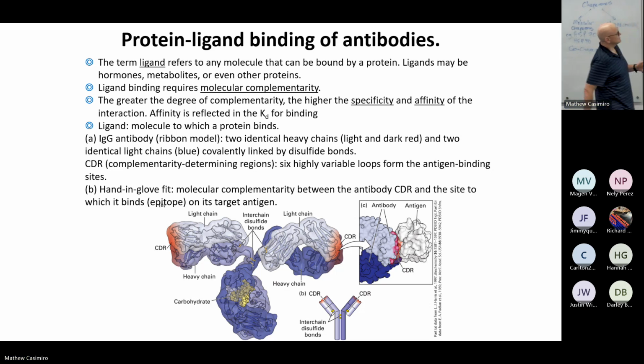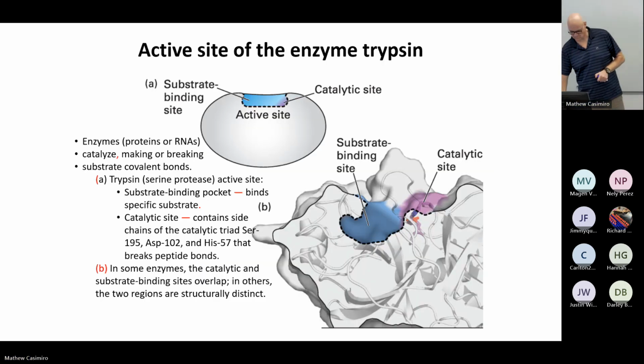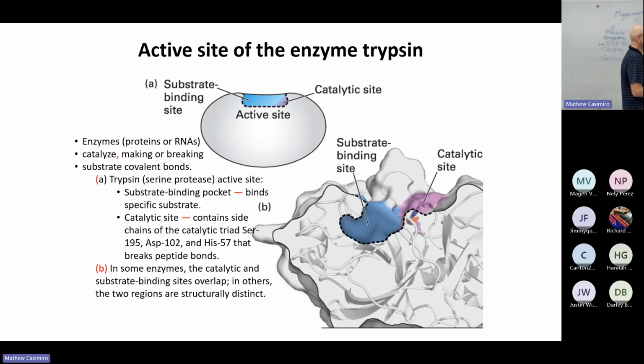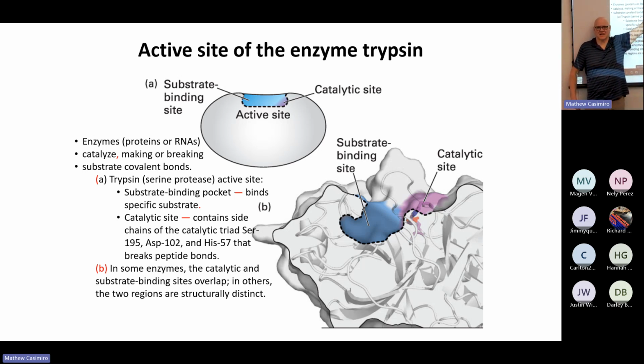The region within the protein to which the substrate binds is called the active site. But you'll have learned in chemistry, in biochemistry, that the active site is just a general term that we use for the site on the protein which binds to the substrate. But in actuality, the binding pocket contains two elements.